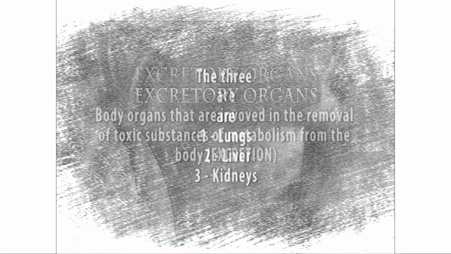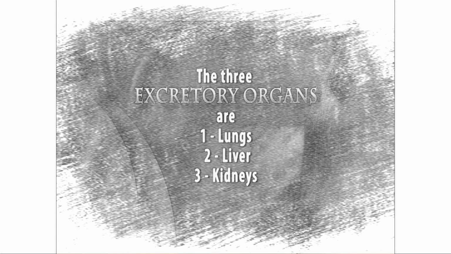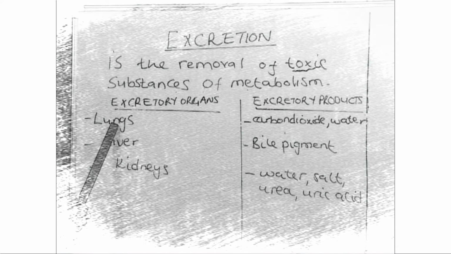The first excretory organs that we have are the lungs, then we also have the liver, and the kidneys. These organs remove excretory products from the human body. These should be removed because when they are left in the body, they are toxic.